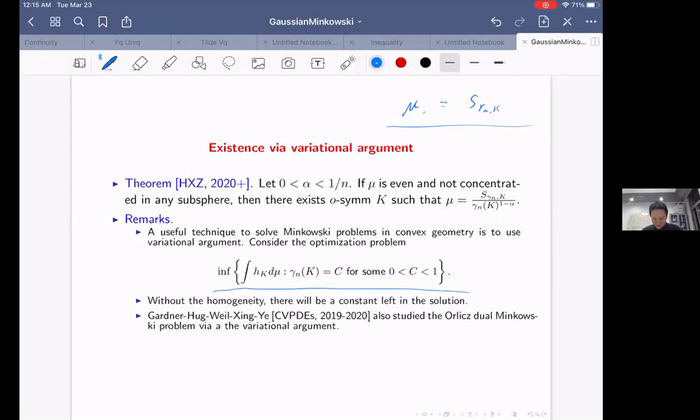But since we don't have homogeneity, after using the variational formula there will always be a constant left in the solution. So the first result reads: mu equals the Gaussian surface measure of K over a constant, and we cannot remove it.